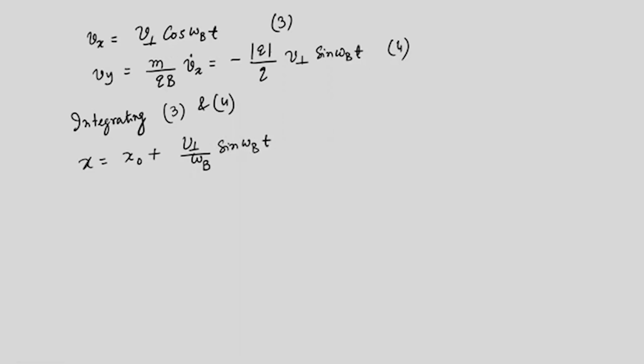So, this will give me the x motion, and the y motion is almost similar, harmonic, but out of phase by an amount pi by 2. This is a cosine omega_b t.